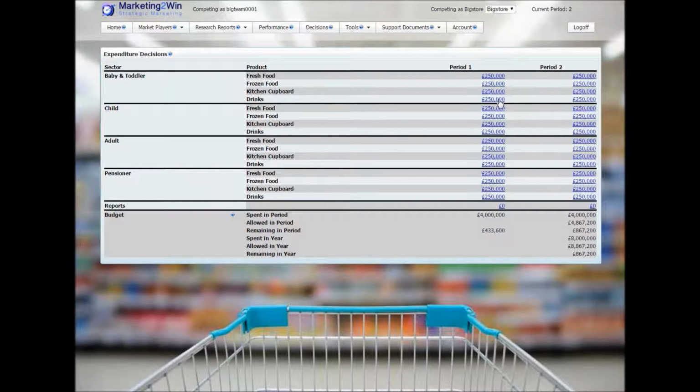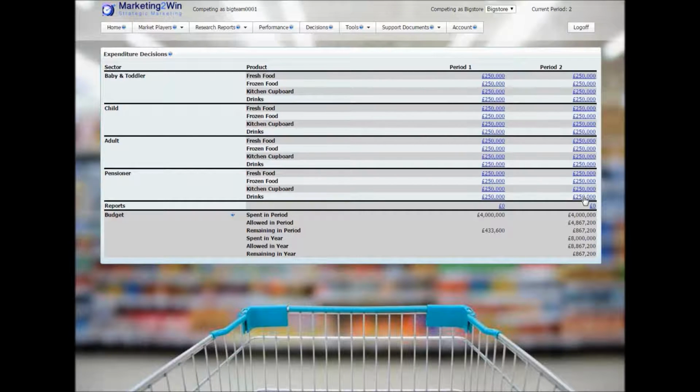Now that was what was spent in the previous period by the previous team, so you can't do anything about that. That previous period 1 is now finished. But all that spend pattern has rolled forward into the current period, which is period 2. And so this is where you can adjust your investment, adjust your expenditure to make your strategy work for you.